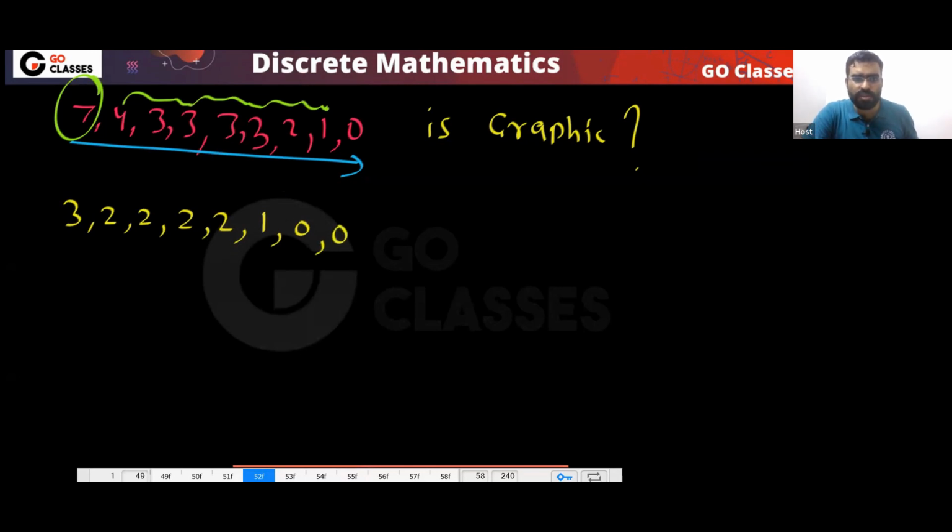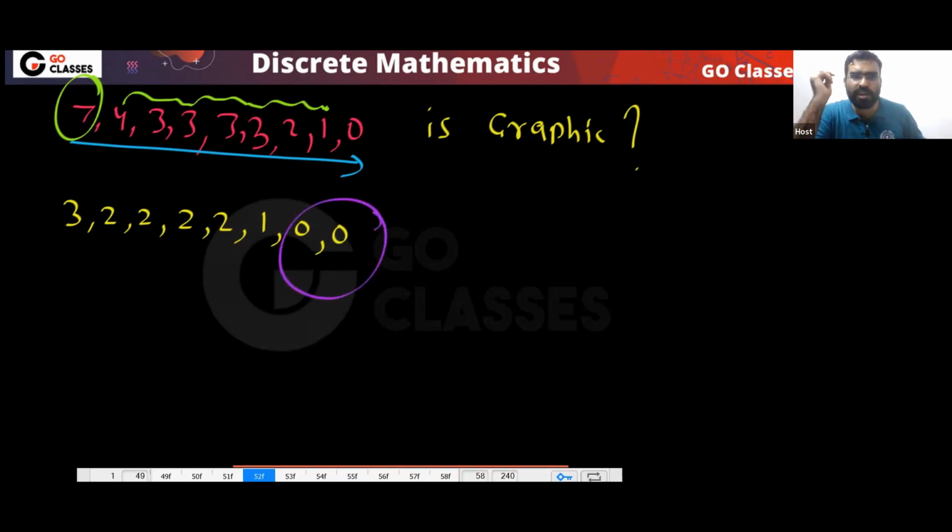See these zeros. One more thing: you can always remove these zeros. Why? Because these are isolated vertices.